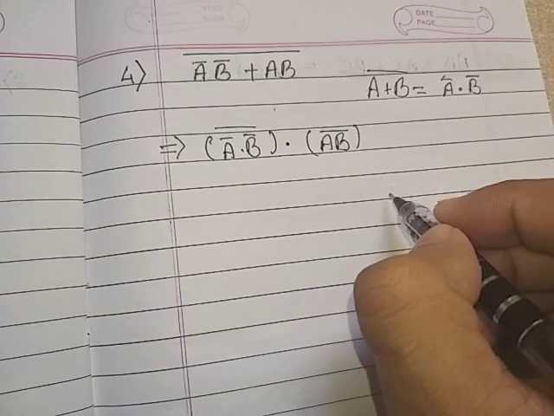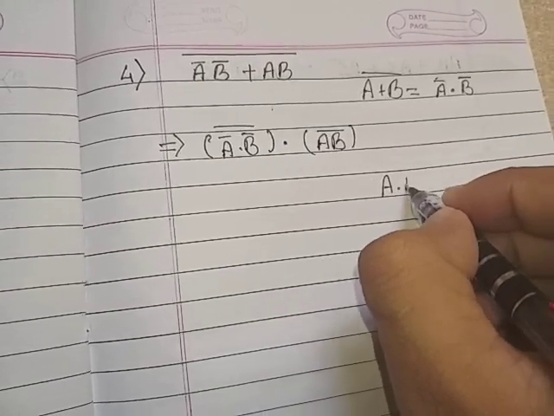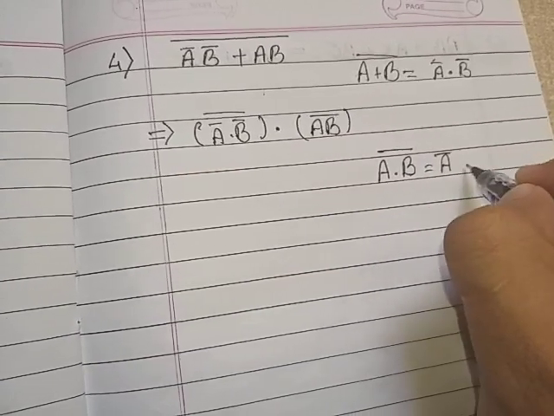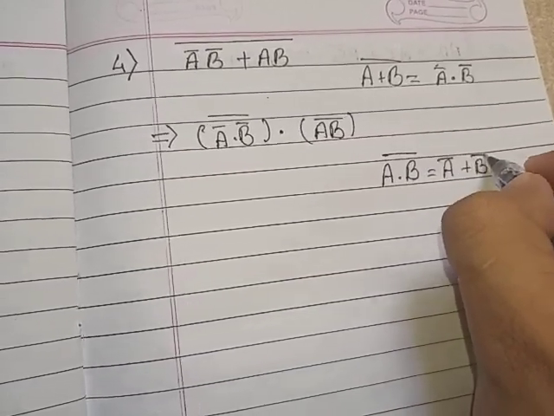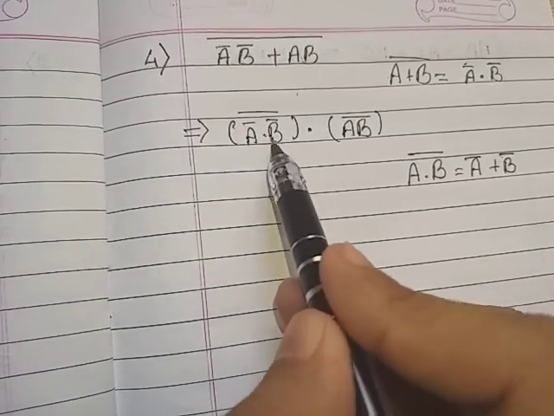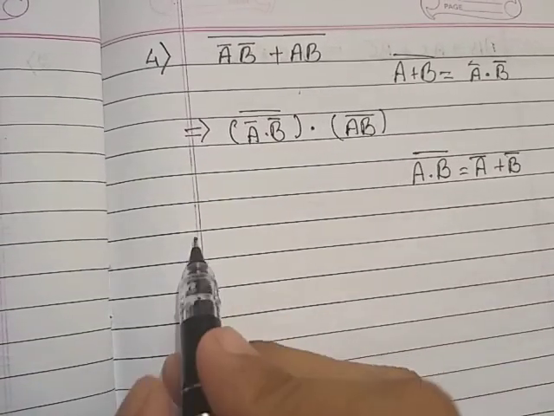Again I am going to apply De Morgan's law. a dot b to the whole bar is equal to a bar plus b bar. Now this formula is applied in this bracket as well as in this bracket.